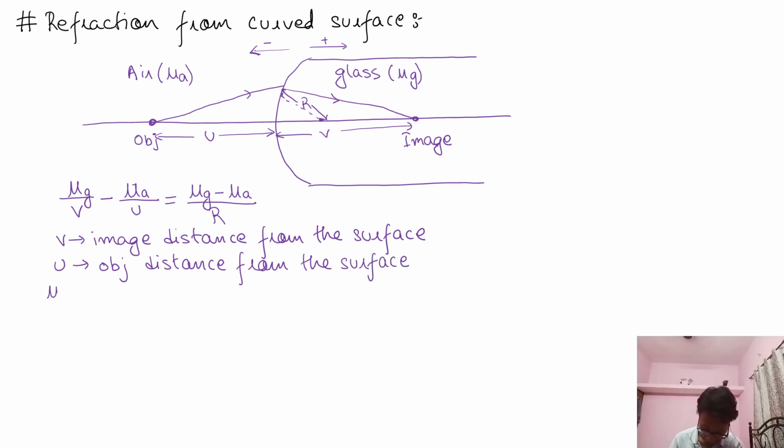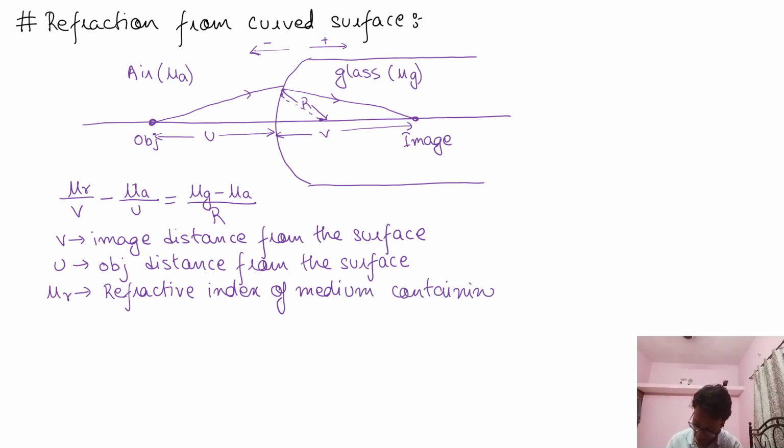Mu g, acha, can I replace mu g with mu of r? Why? Because mu of r is nothing but the refractive index of the medium containing the refracted ray.